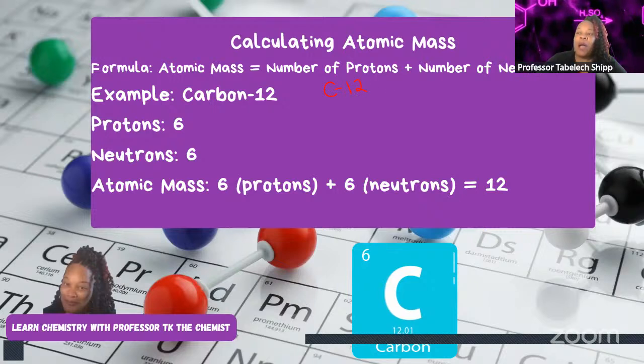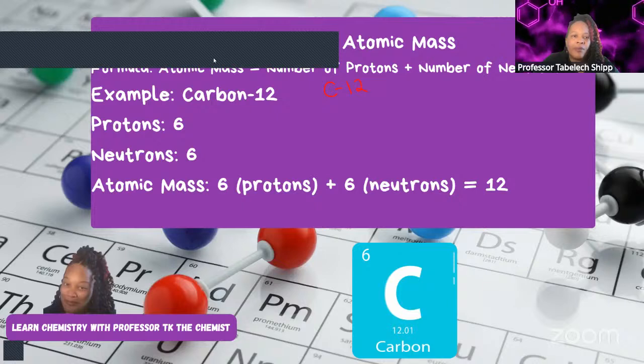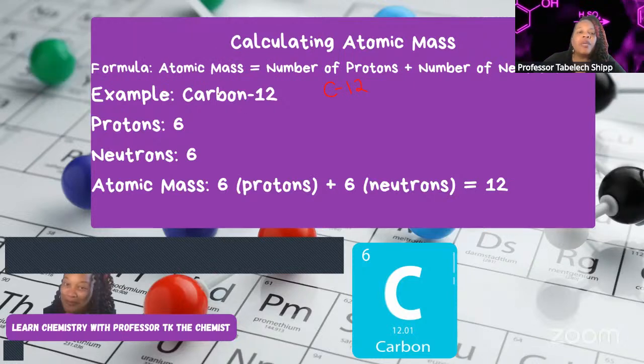Well, if I look at my periodic table here, and I look at the very bottom, let me go ahead and move this out of the way. Okay. Hold on, guys. If I notice here the protons, I'm going to circle it here. You see this number right here, that 6?